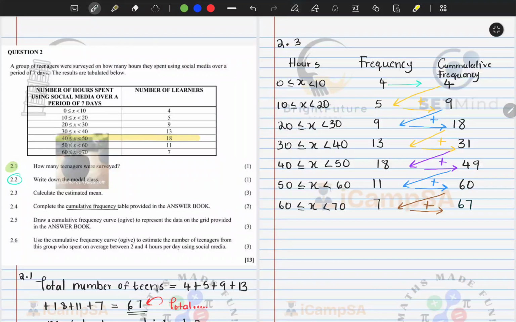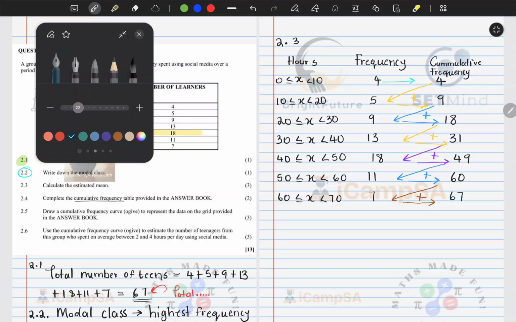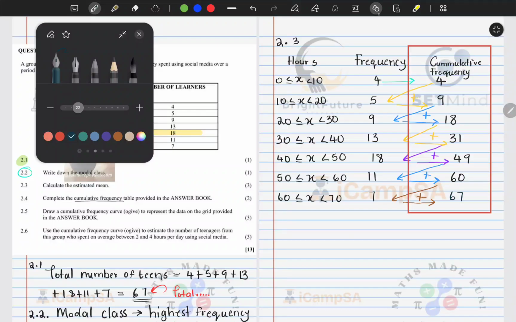So that becomes your cumulative frequency. I hope that you do understand. What they were looking for is essentially this portion here. So we're done.